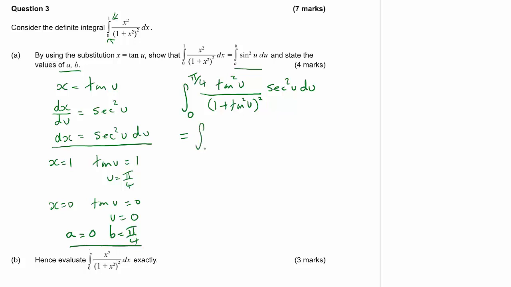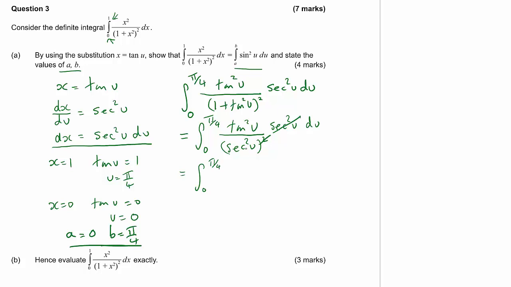So we've got the integral from 0 to pi by 4 of tan squared u sec squared u du over (sec squared u) squared. So this square can go with that sec squared u just there. So that's the integral from 0 to pi by 4.